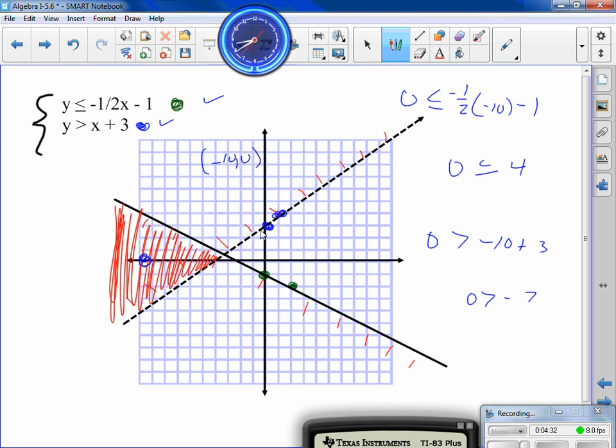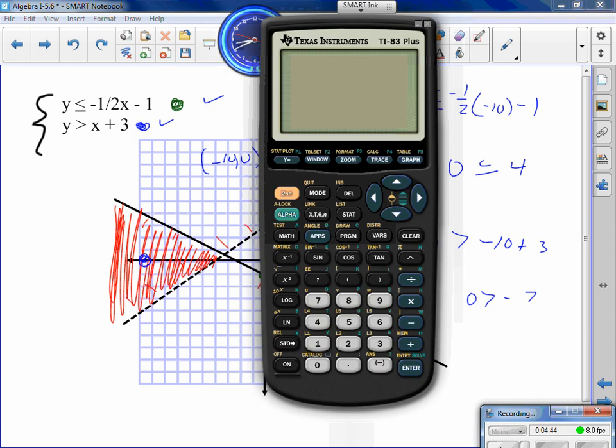Those ones work. If I pick something outside of it, like 0, 0. If I made it 0, 0, I can look in the calculator at this. If I plotted both these, negative 1/2 x minus 1. This one is less than, so I'm going to go over to the left.